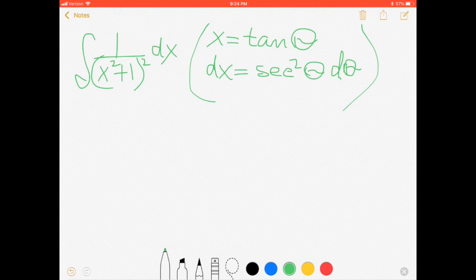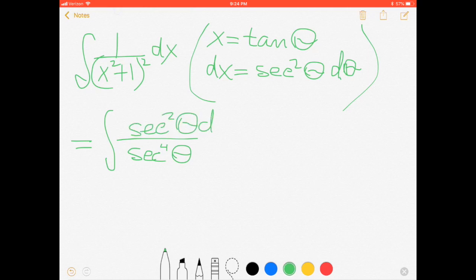We know tangent squared plus 1 is secant squared. This means here the denominator will be secant to the fourth power of theta, but the numerator will be secant squared theta d theta.